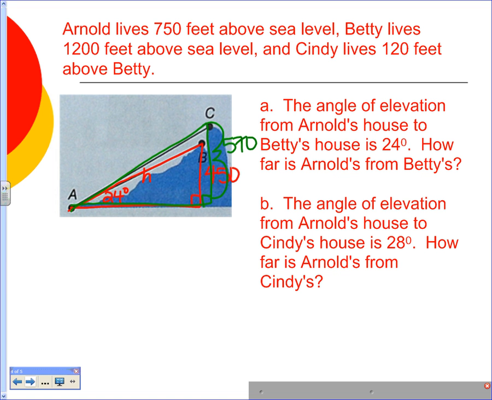Yeah, we know this part is 450, and they told us from here to here was 120. Does that make sense? So we're again looking for the hypotenuse. So you would use sine, and what would you get? 1,214.1 feet. Any questions on that one?